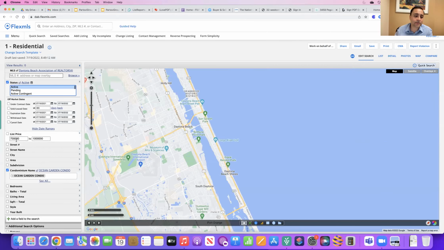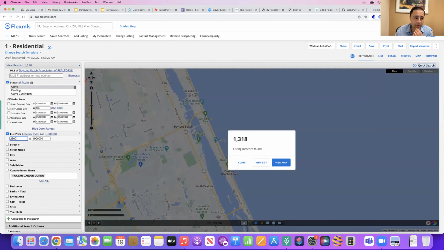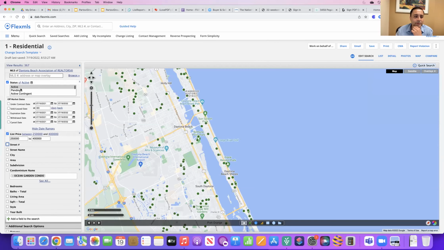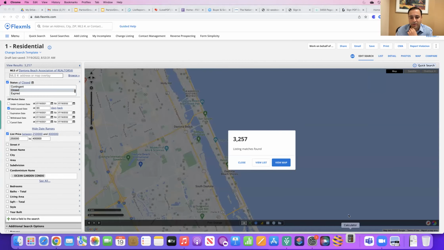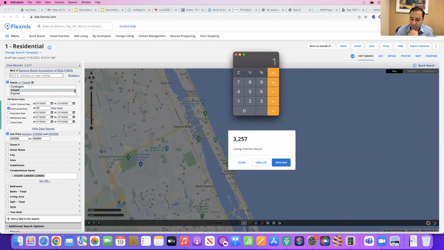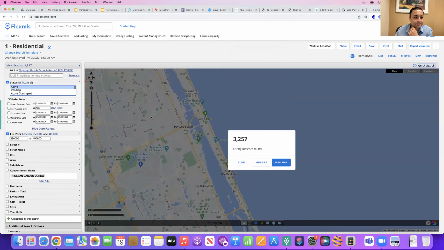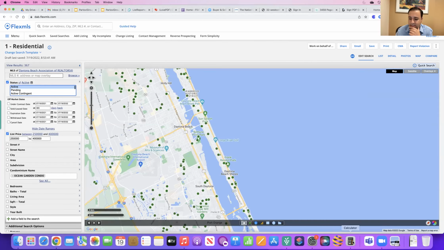We noticed in here, if they're in this price point, but if they were in that 250 to 350,000, let's go to 400,000 actually, and we can take a look. There's 367 active. The closed were 3,257. So 3,257 divided by 12, we're looking at 271, right? But then we said active was 367.